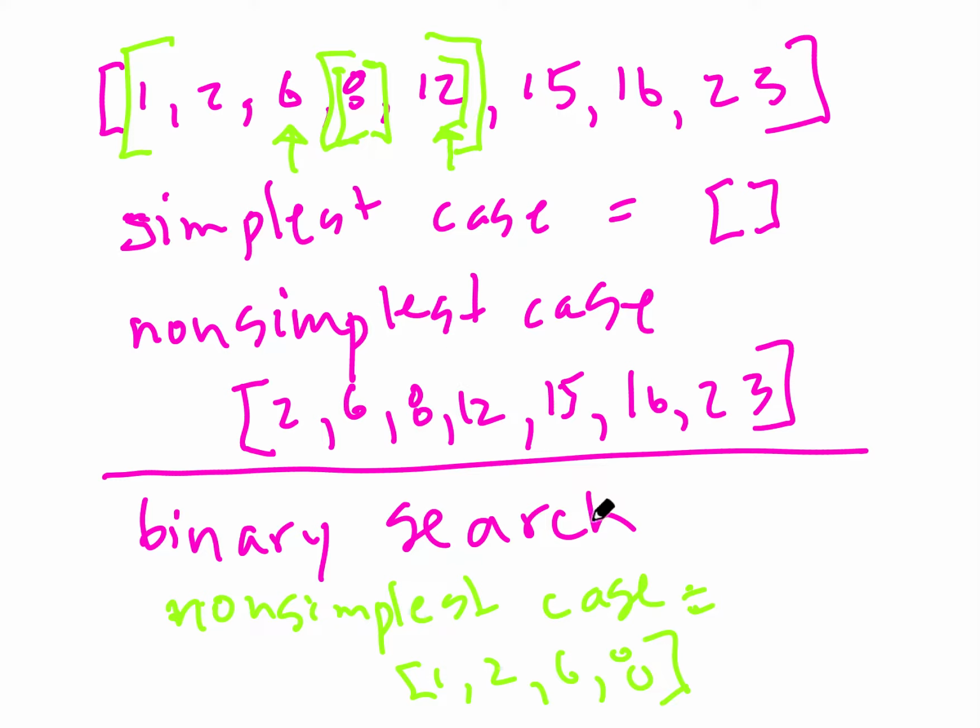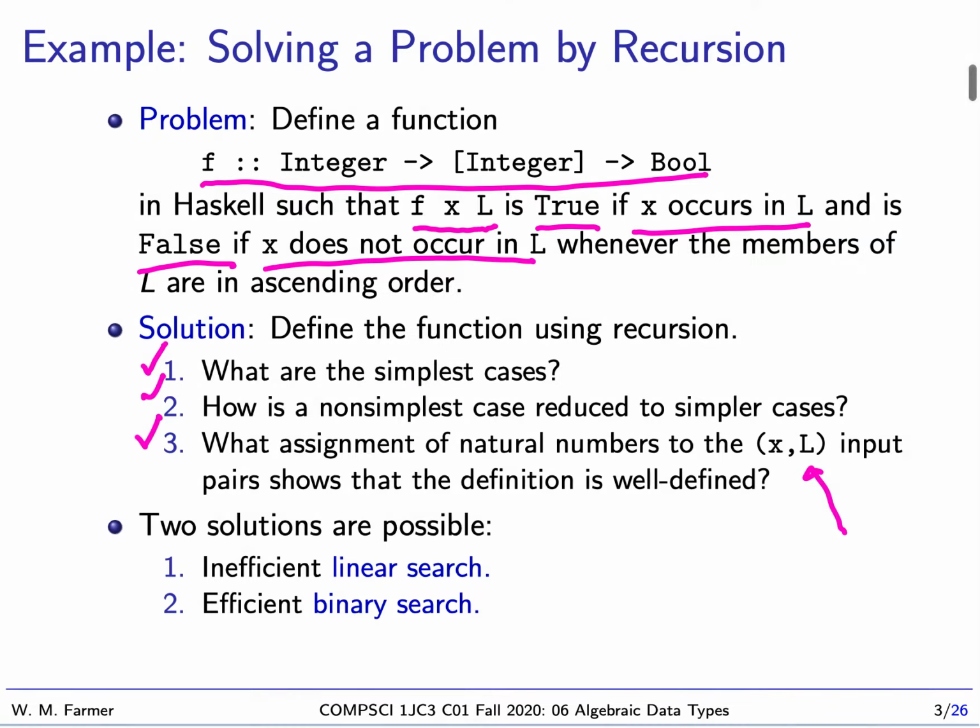This is called binary search. It is much more efficient than linear search. But it requires something important. It requires that the members of L are in ascending order.